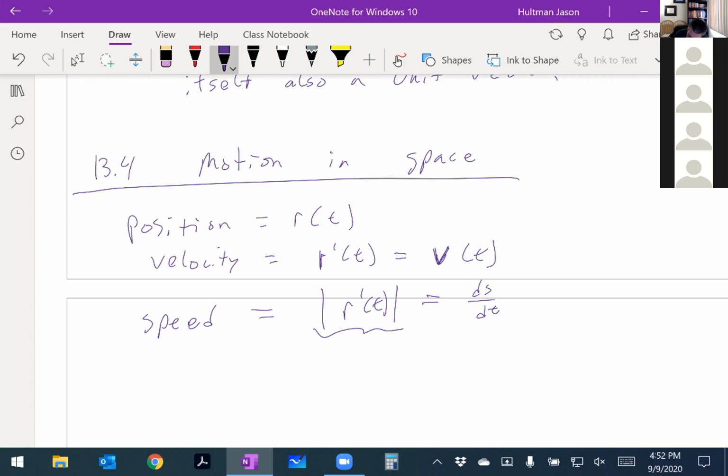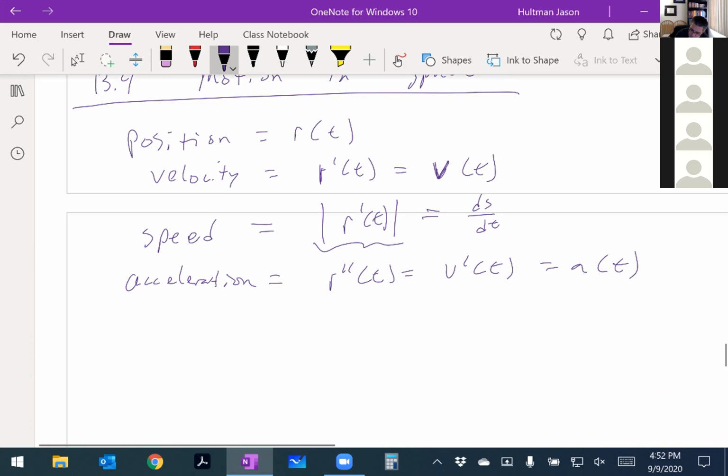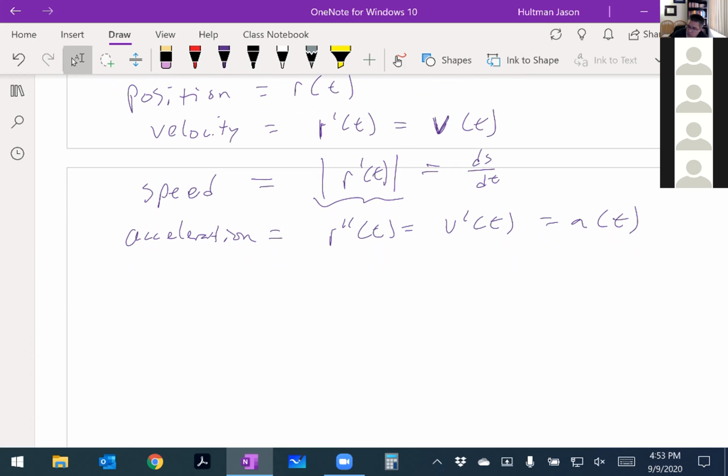What about acceleration? Acceleration is r double prime of t, or v prime of t, which we're going to call a of t, for acceleration. Makes sense.